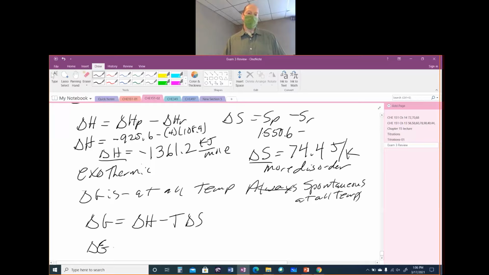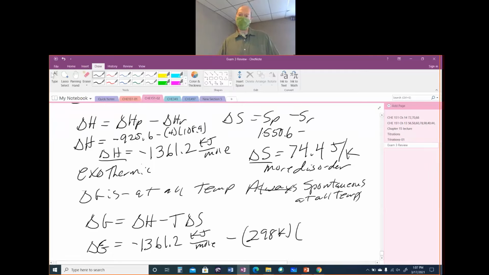All right, we could have done products minus reactants because we are at 25 degrees Celsius, but the problem said do it by using your delta H and your delta S. And so negative 1361.2 kilojoules per mole minus 298 Kelvin.